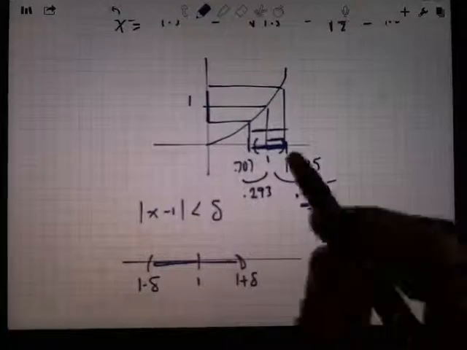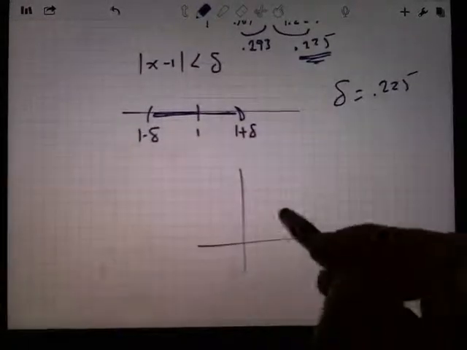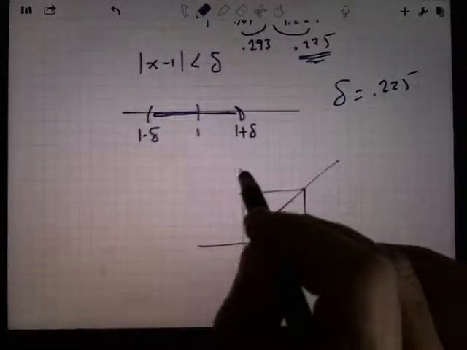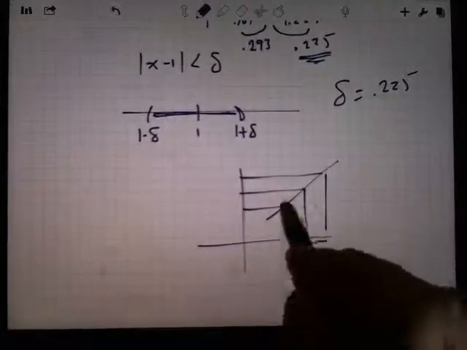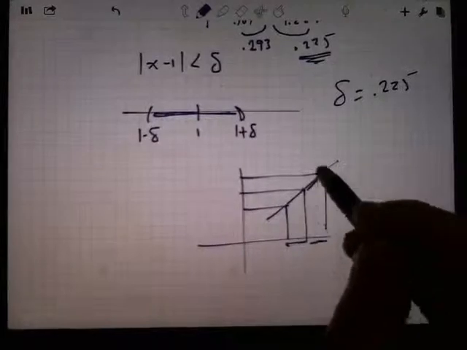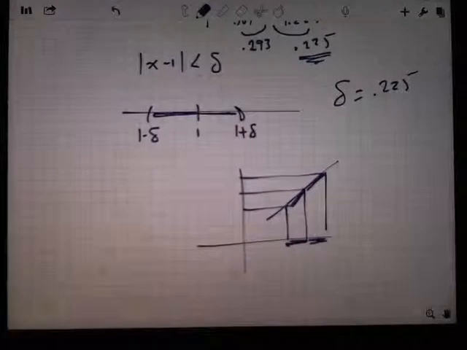Okay. Notice that if your function's a straight line, then moving up by epsilon is going to move you over by a little bit, or moving down by epsilon will move you back the other way. And if this is a straight line, the slope here is the same as the slope there, then this side will be the same as that side.